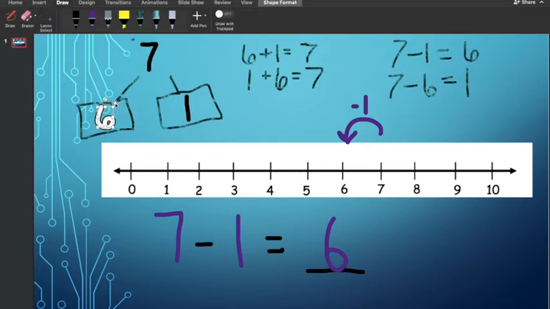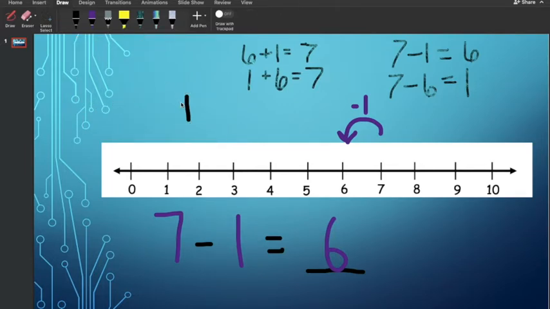See if I can get rid of it. Takes a while sometimes to erase everything. Try that again. Here we go.